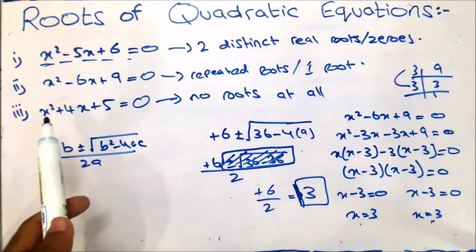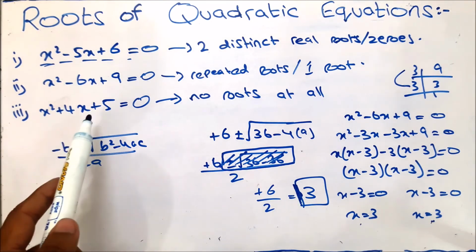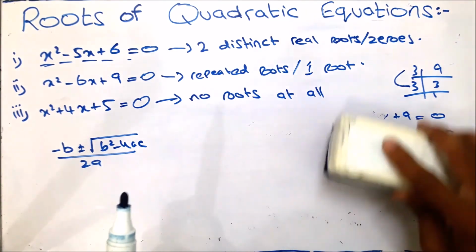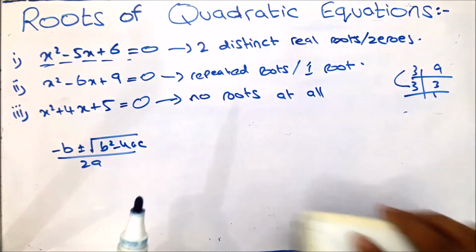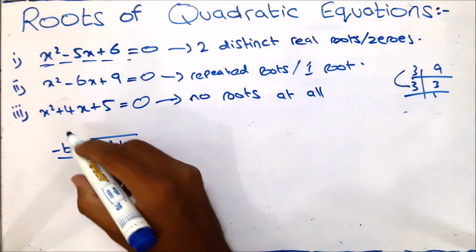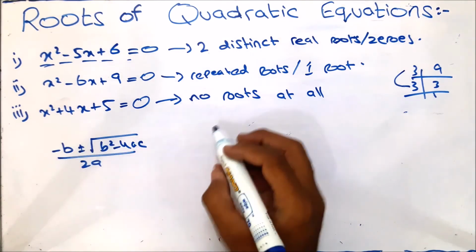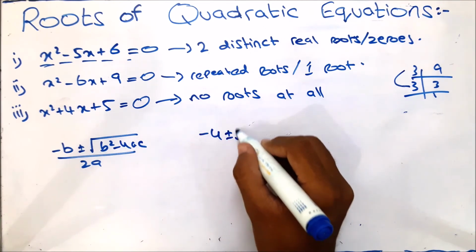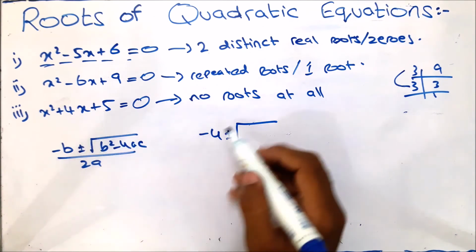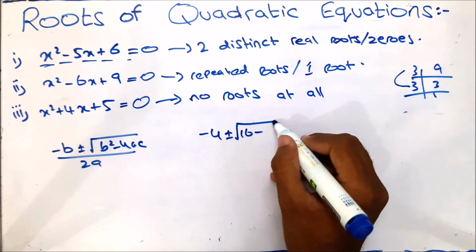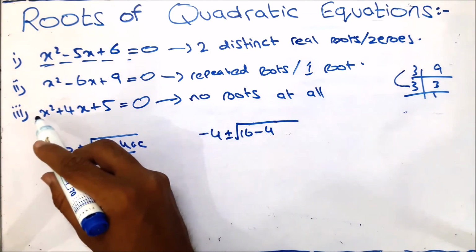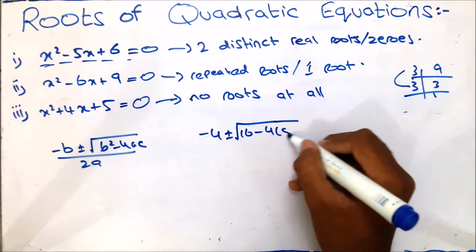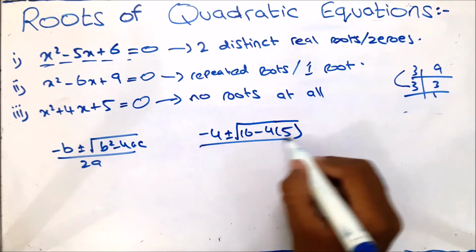Okay, so let's solve this third example using the quadratic formula and see if it has roots or not. Here we have minus b is minus 4, plus minus the square root of b squared, 16, minus 4 times a, which is 1 because x squared's coefficient is 1, and c is 5, divided by 2a.